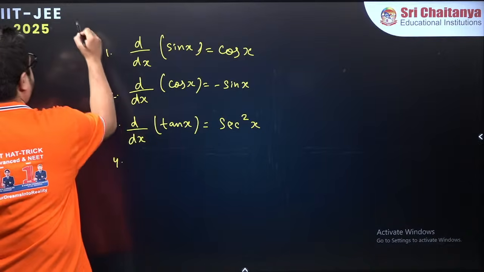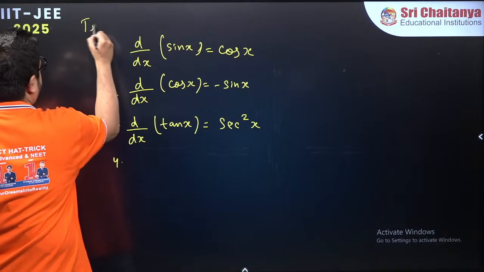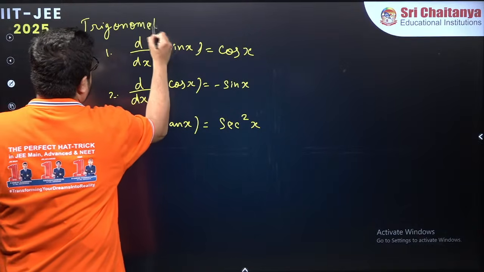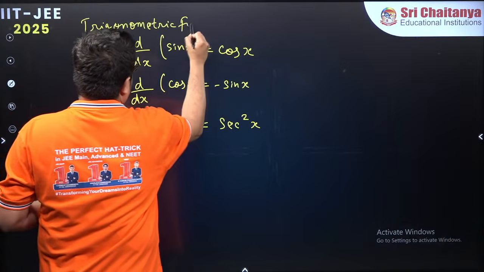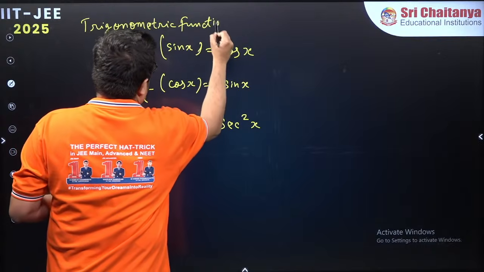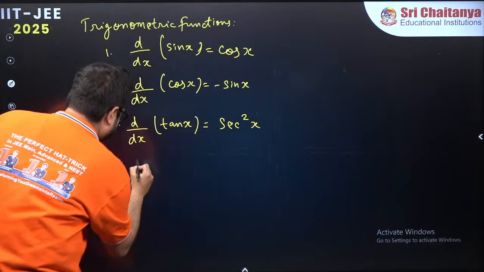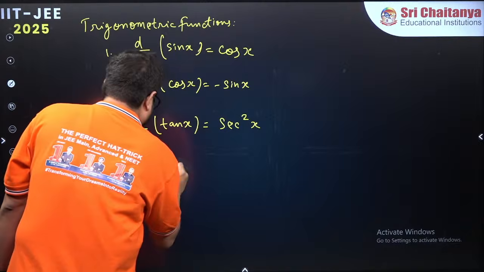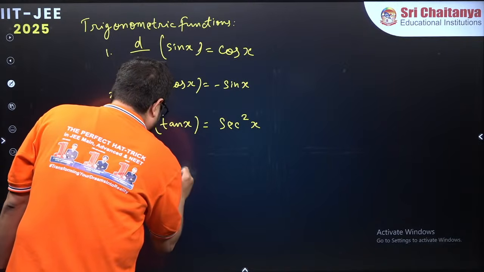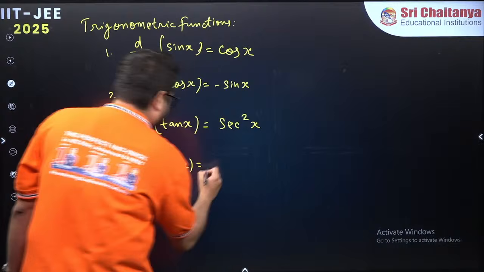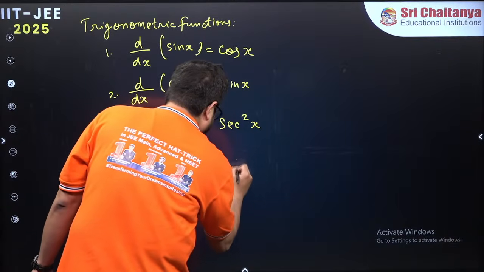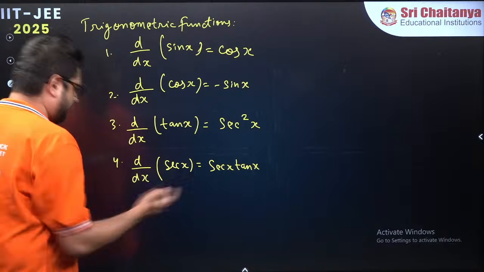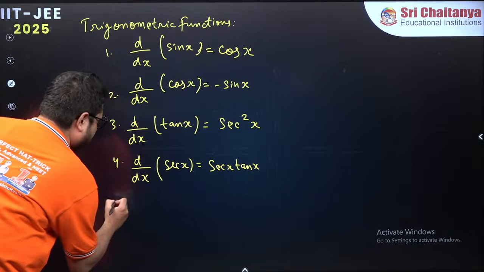4th, so we are just trying to find out the derivatives of trigonometric functions, isn't it? Similarly, d by dx of sec x is going to be equal to sec x tan x, isn't it? So you can note down these properties, everyone.